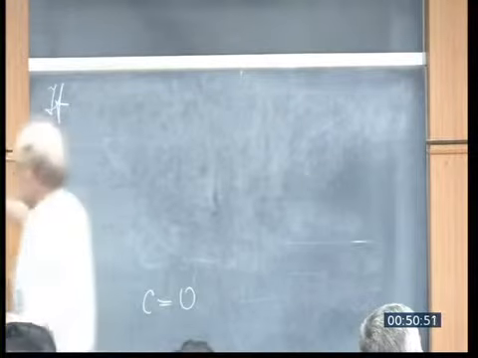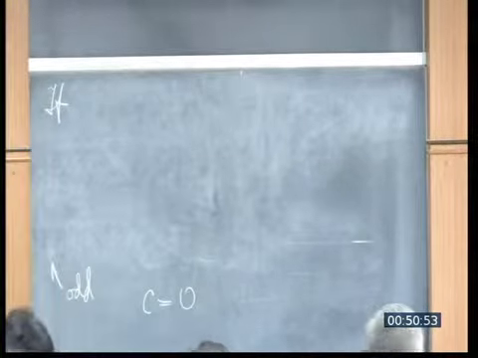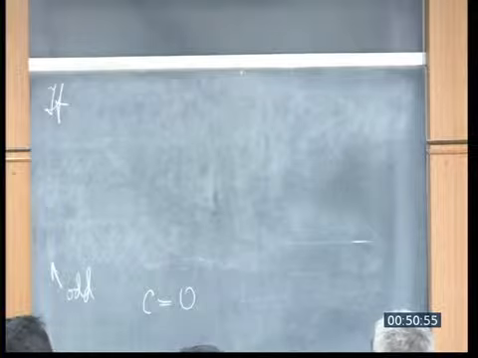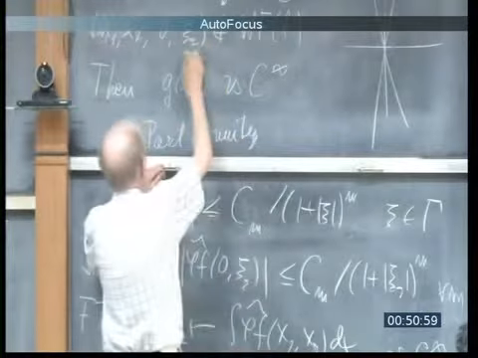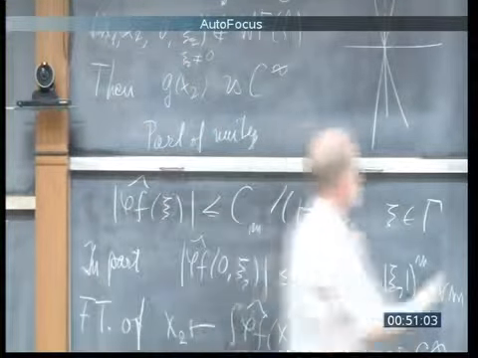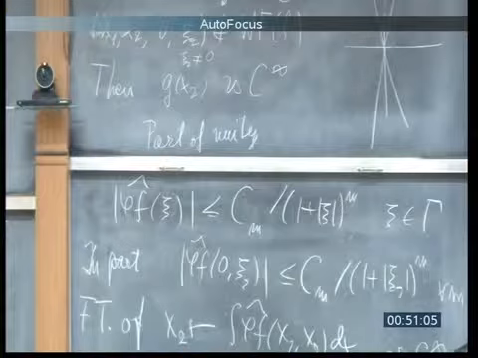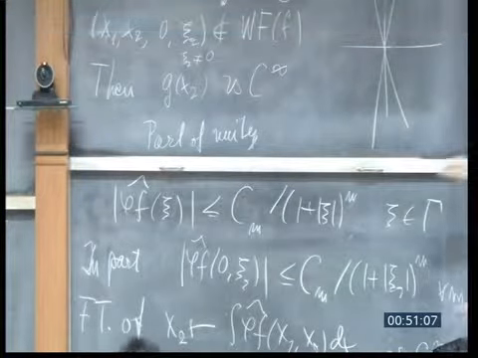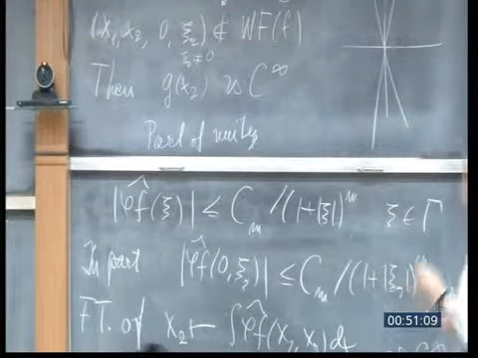What is the hypothesis? That this here, which I meant, of course, for all real ξ2, but we only assume it for positive ξ2, that they are absent.